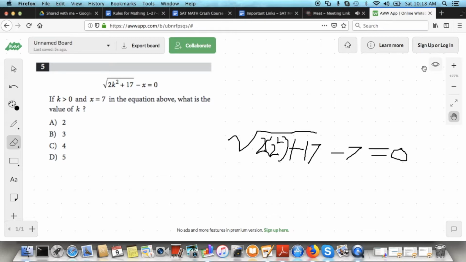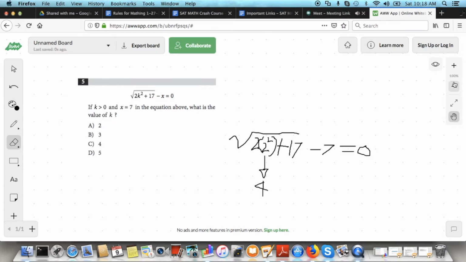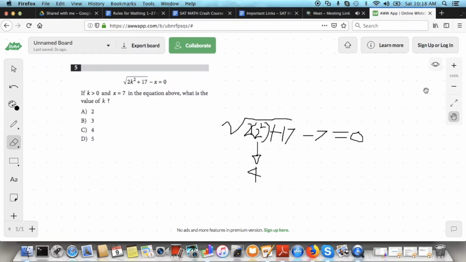2 squared is 4. Absolutely. Then times 2 is 8. Plus 17. 8 plus 17 is 25.